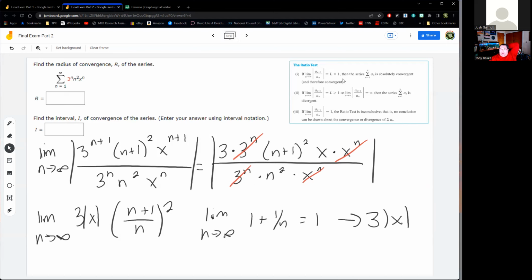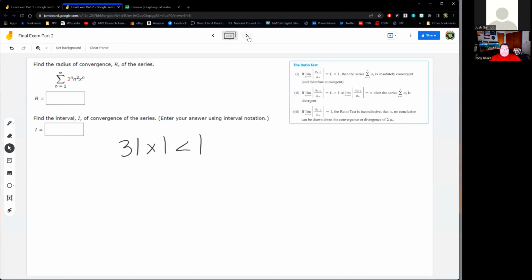So I know based on the ratio test that when 3 absolute value of x is less than 1, it is convergent.